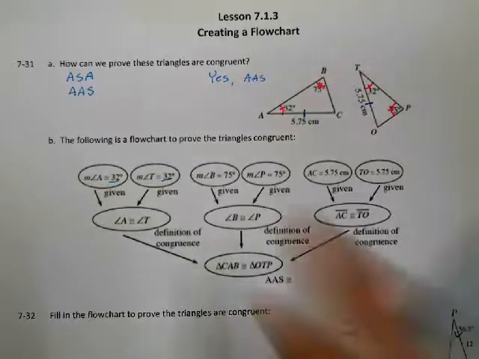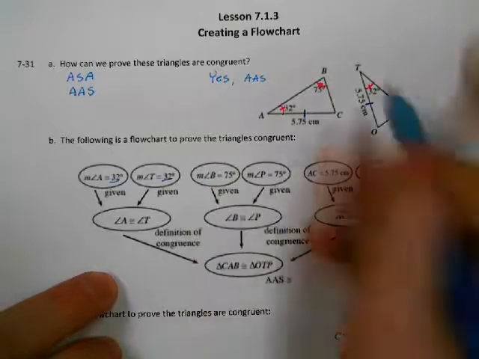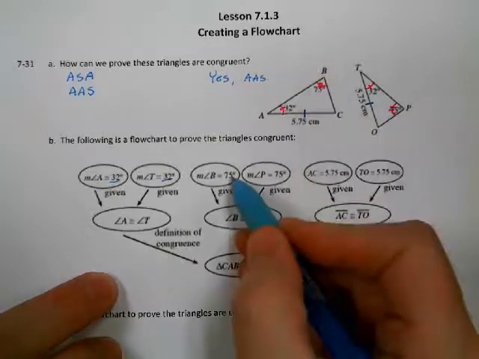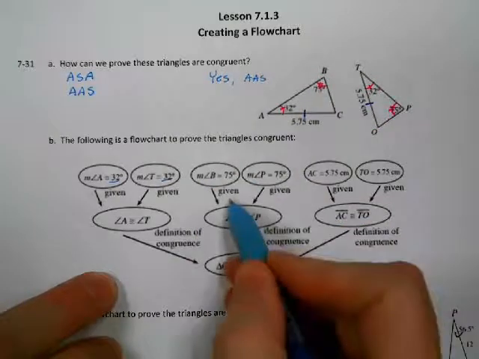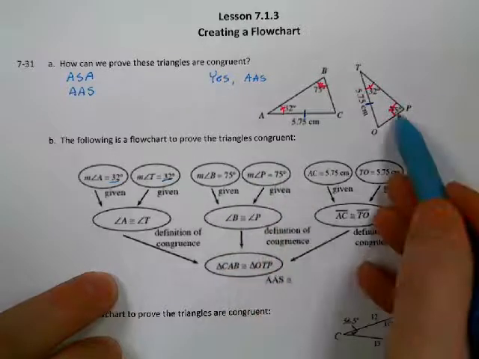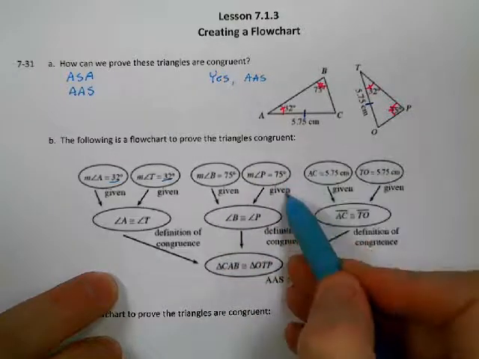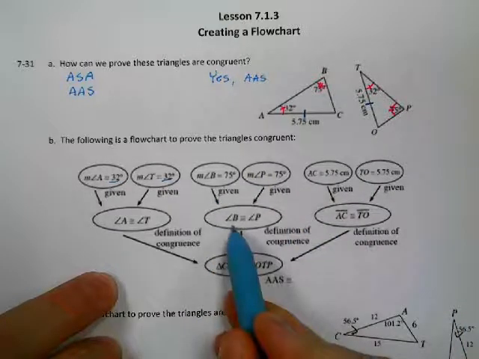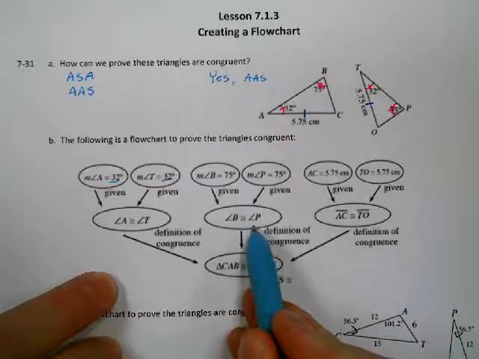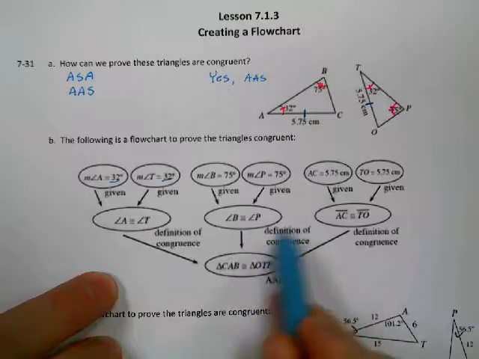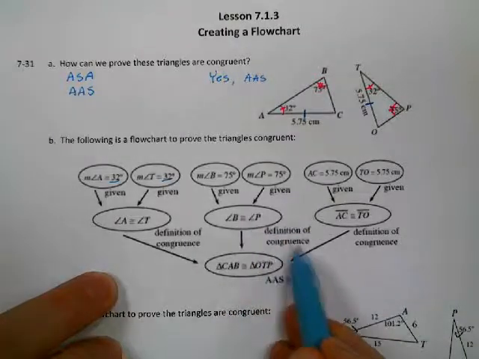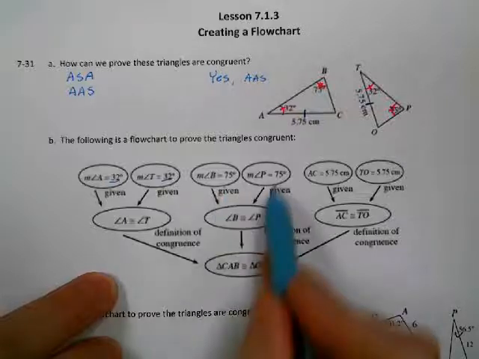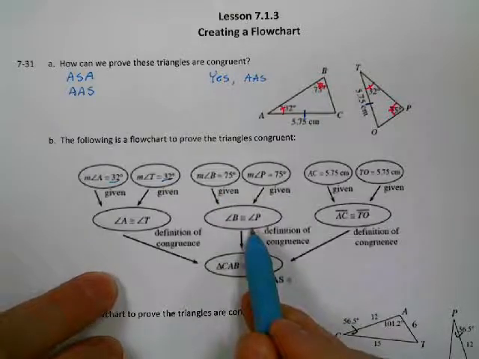Okay, moving on. Angle B, that's this one, we said was 75 degrees. Why? Because they told us. It's given. Angle P, 75 degrees, because they told us. Now, these two angles have the same measurement, which means they're congruent to each other, because that's what congruence means. So that's definition of congruence. Everything we write down has to have a reason.